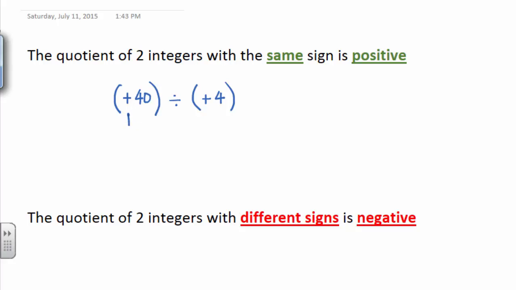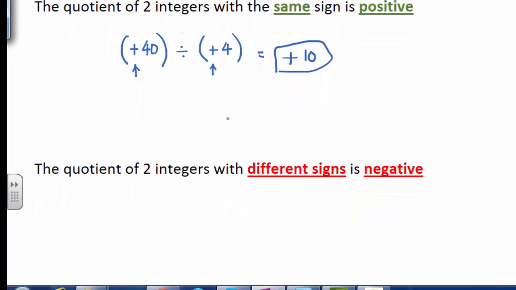The sign of the dividend is positive, the sign of the divisor is positive. Both have the same sign. From the table we saw that if they are the same, the answer is going to be positive. 40 divided by 4 equals 10. Done. So the quotient, which is positive 10, of two integers with the same sign is positive.